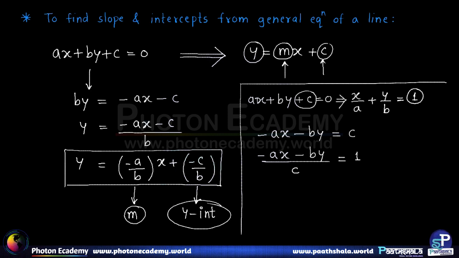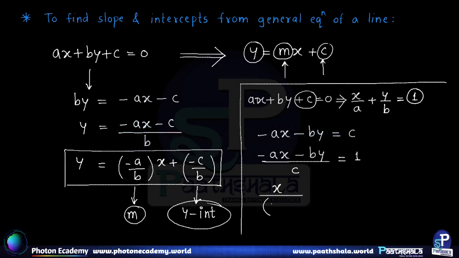Then by separating the terms, the first term, minus ax upon c, we can write as x upon minus c by a in the denominator, plus the second term as y upon minus c upon b in the denominator, equal to 1.